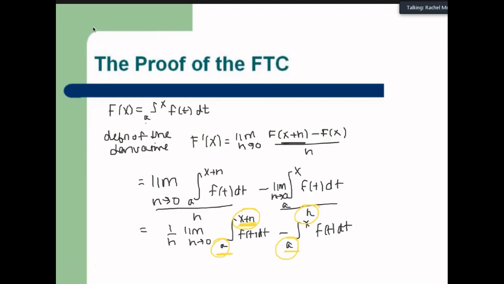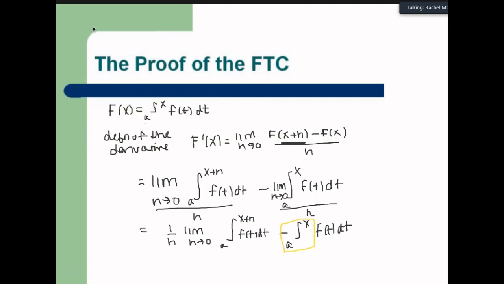So if I need to flip my bounds, I need to make it a negative. I could also do what with my terms? What if I rearrange the order of my terms? Or what if I flipped these bounds and rearranged the order of my terms?